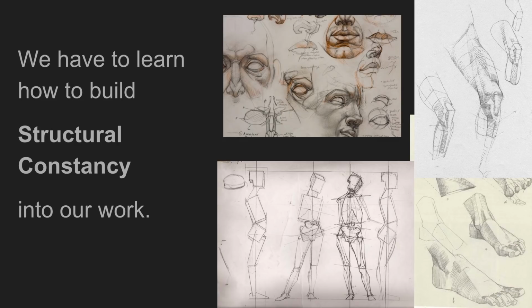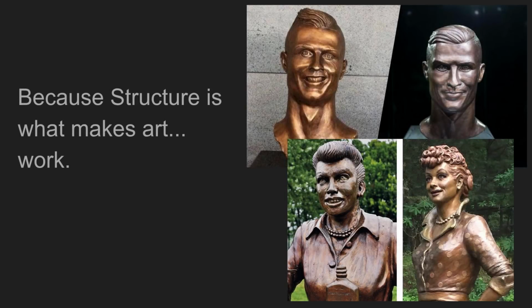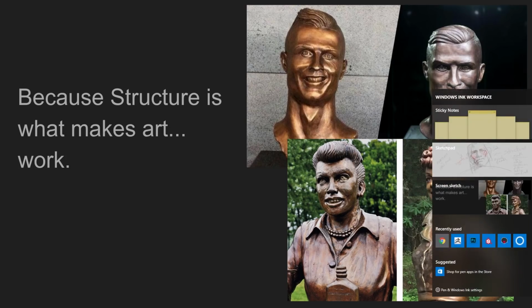Like you think about brightness constancy, which is really a subset of a phenomenon known as perceptual constancy, which means that what you perceive is generally going to be the same across the board. What we have to do as artists is learn how to understand structural constancy, because structure is at the heart of what makes art work.